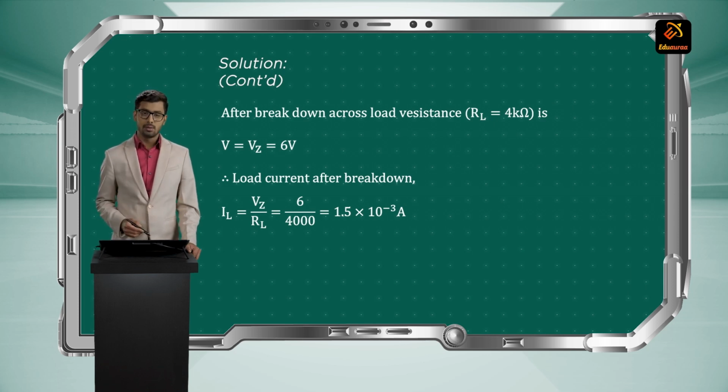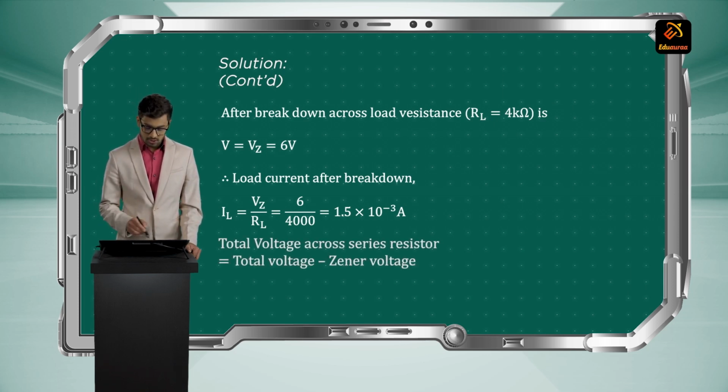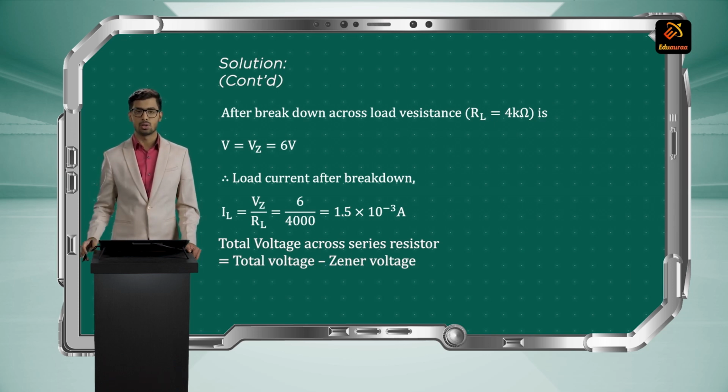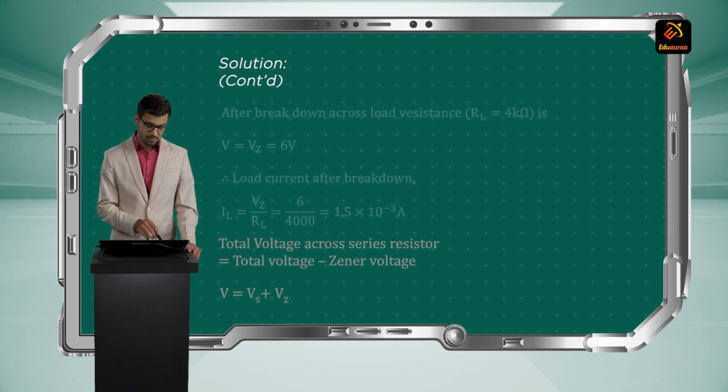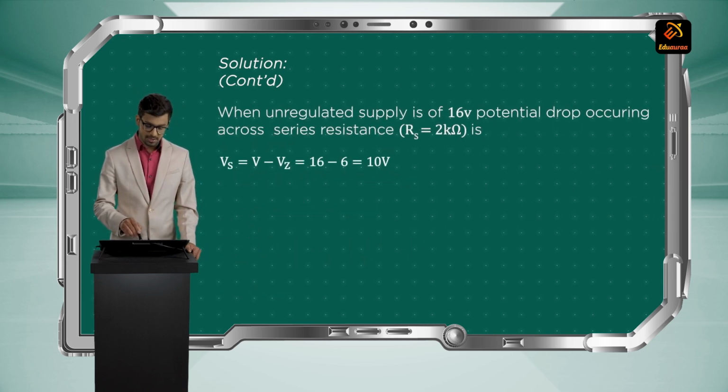Now, let's find the voltage across the series resistor. The voltage across the series resistor will be equal to the total voltage minus the Zener voltage, as both are connected in series. The total voltage is V, the voltage across the Zener diode is Vz, and the voltage across the series resistor is Vs. So we can write V equals Vs plus Vz, and then Vs equals V minus Vz.